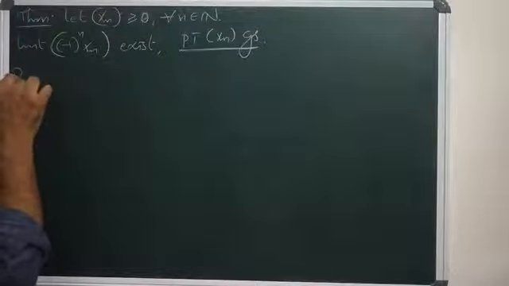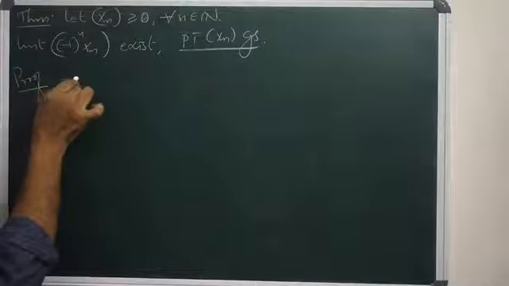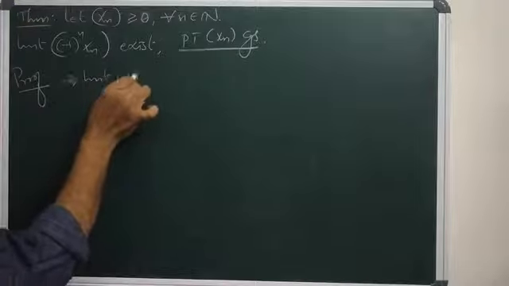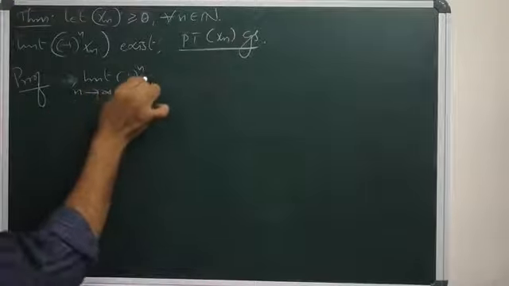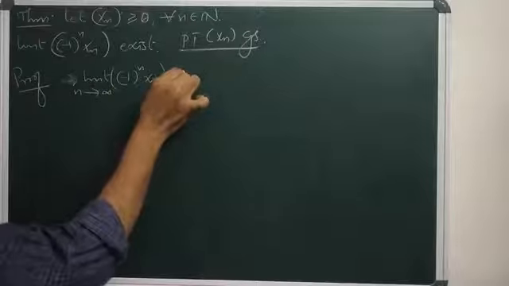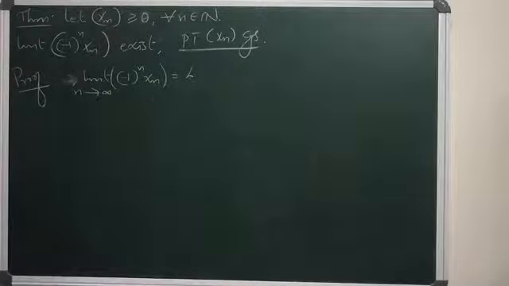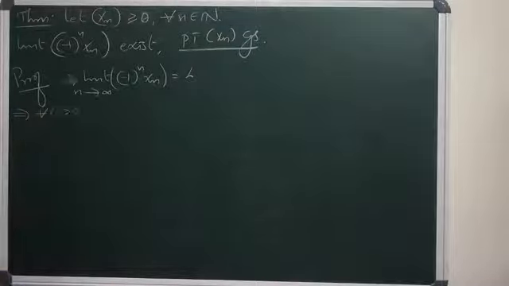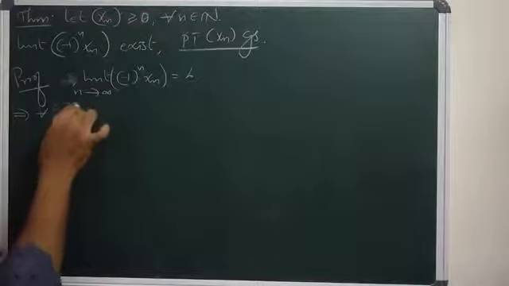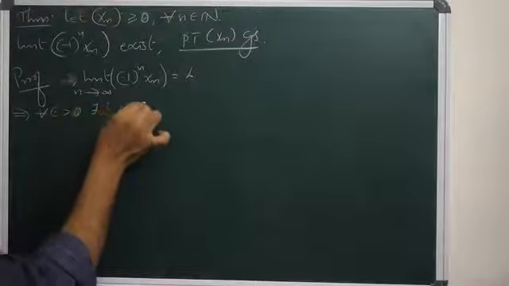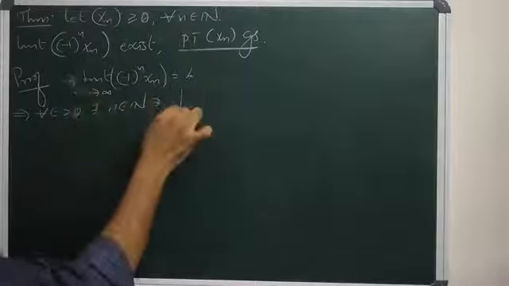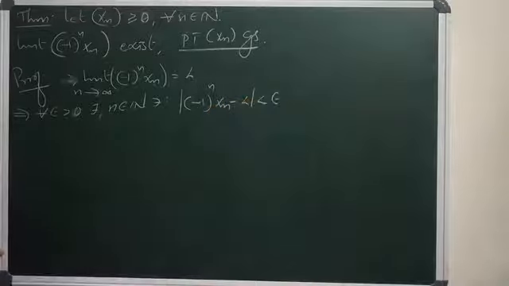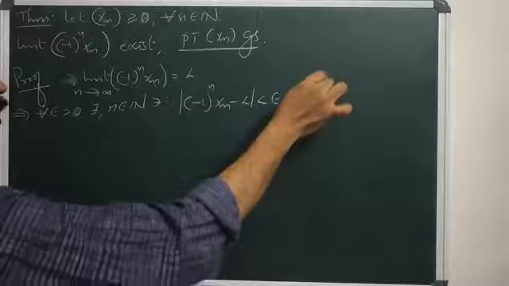Limit of (minus 1) power n xn exists means, suppose limit as n goes to infinity of (minus 1) power n xn equals some L. That means for all epsilon positive, there exists some k in the naturals such that modulus of (minus 1) power n xn minus L is strictly less than epsilon for all n greater than or equals k.